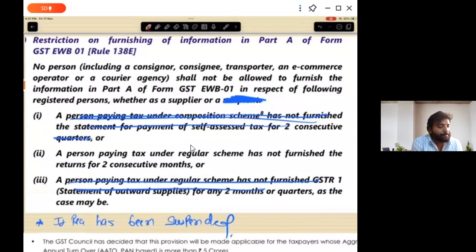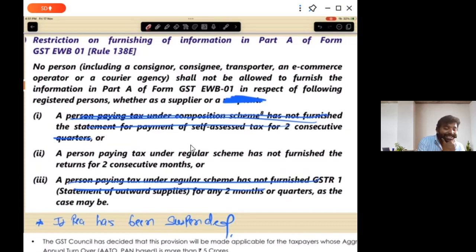If a person has not filed return for 2 consecutive months, or if registration has been suspended, then that person cannot make an e-way bill for his turnover. It means government is saying that if you are not filing your returns for 2 months now, then we will not be allowing you to prepare e-way bill. So the problem is if the e-way bill can't be prepared, it means you can't sell your goods, you can't transport your goods.